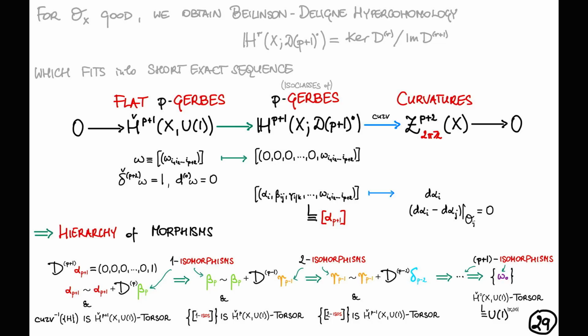But then if I choose a particular one automorphism, I can still correct it by something in the kernel of the corresponding Deligne operator. And if I correct it by something Deligne exact, I get an equivalent morphism of the first type, and so there will be a morphism of the secondary type, which relates morphisms of the primary type. And I can go on like that. I have morphisms between morphisms between morphisms, and so on and so forth, until I hit the floor.